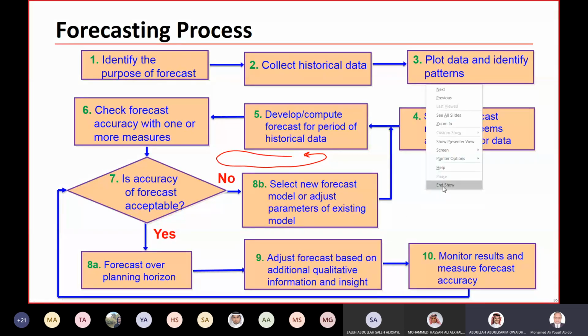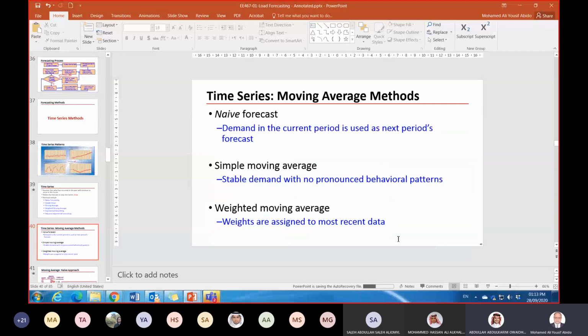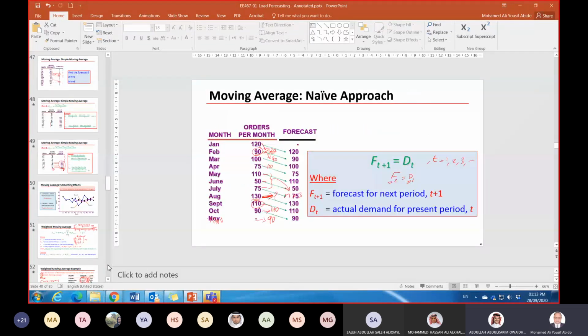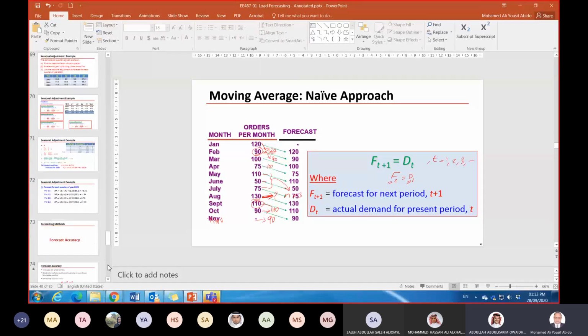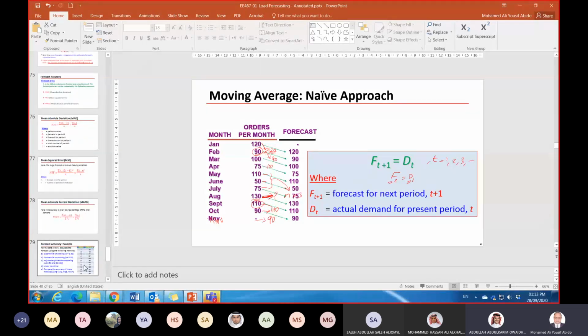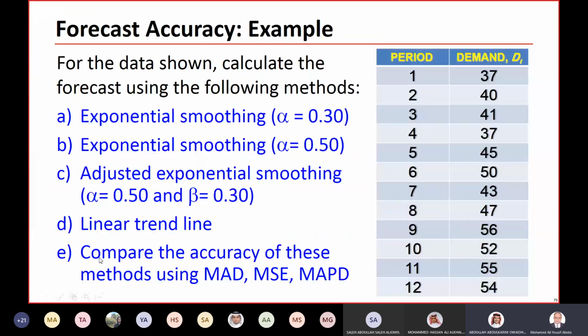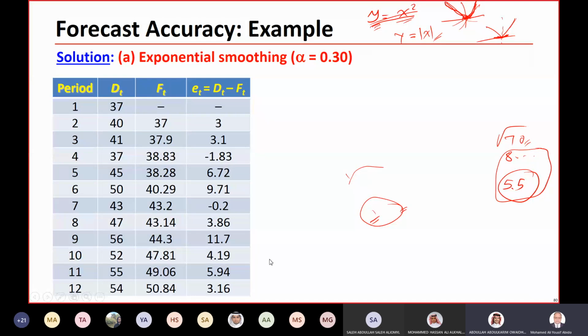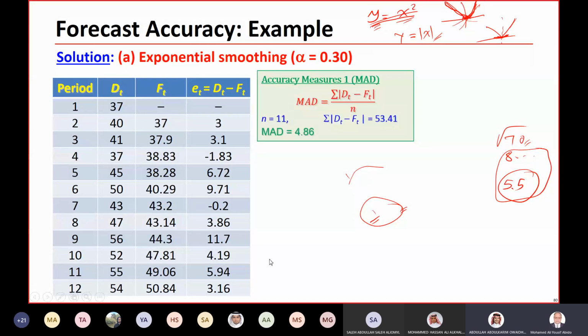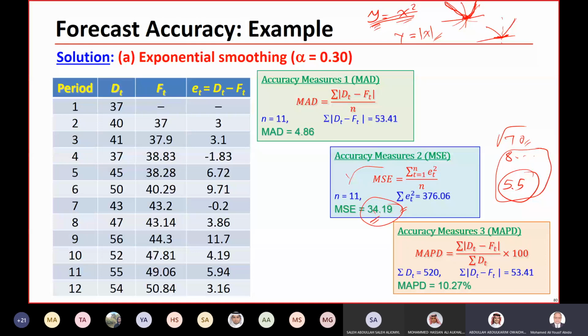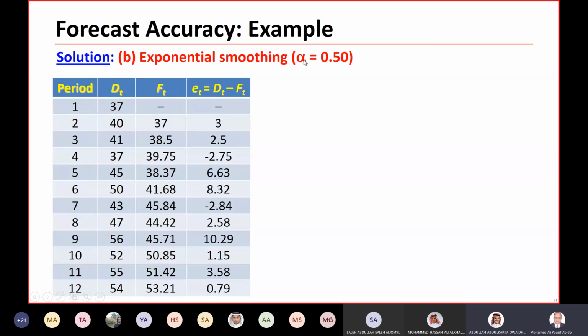So you are right, we can do this, but let us consider here the training phase only, where we have such data, and we need to find out which of these methods is the best one to simulate the data. So these are the errors, calculated. This is for exponential smoothing only. We go for the other methods with alpha equal to 0.5 again.